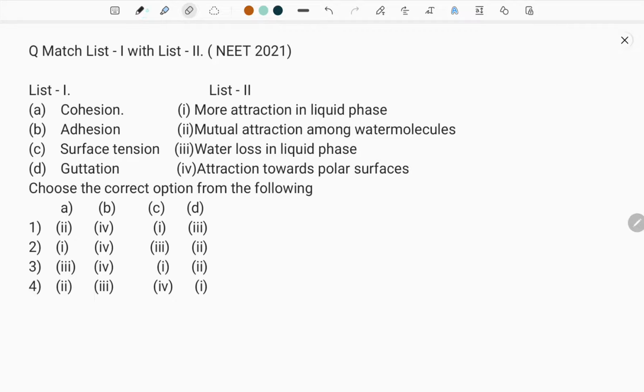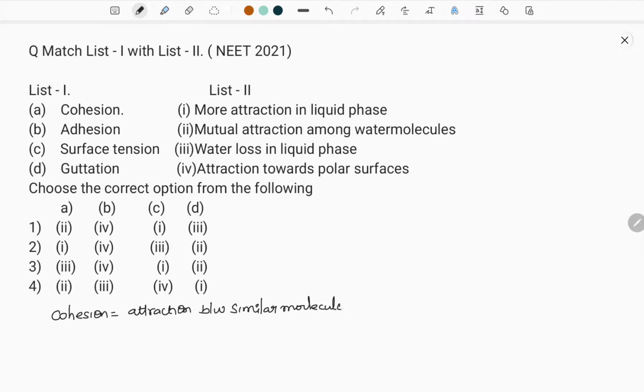Let's take first the cohesion. Cohesion is that in which attraction prevails between similar molecules. For example, attraction between two nitrogens can be cohesion.